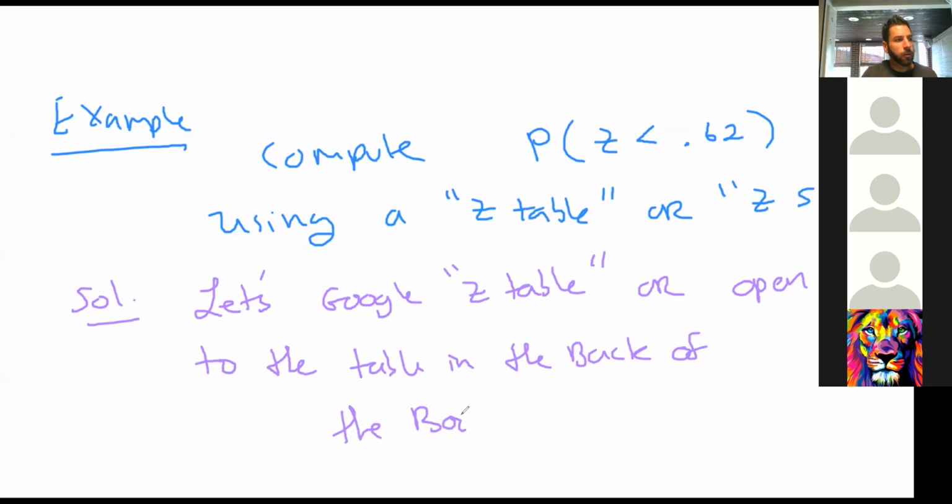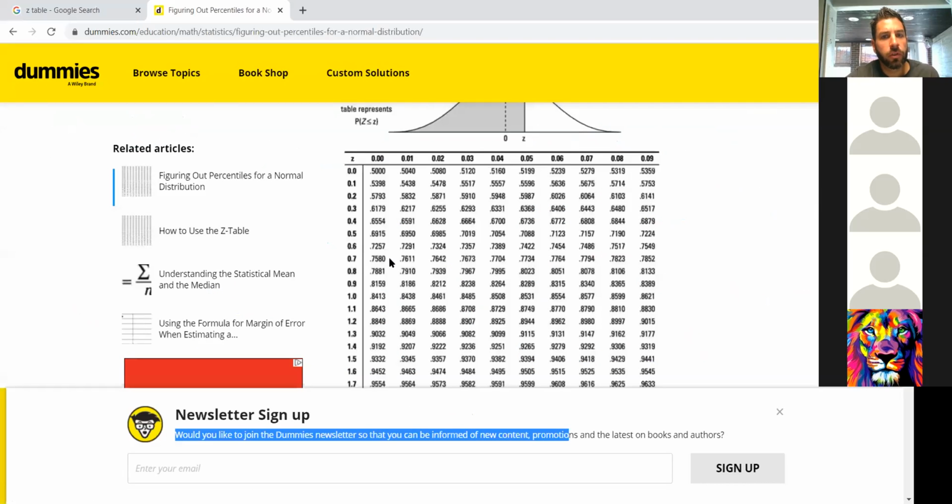I don't care how you do it. Since I already have this web page up, I'm going to use this one, and I will share it with you right now. What you should be seeing is this Z table.